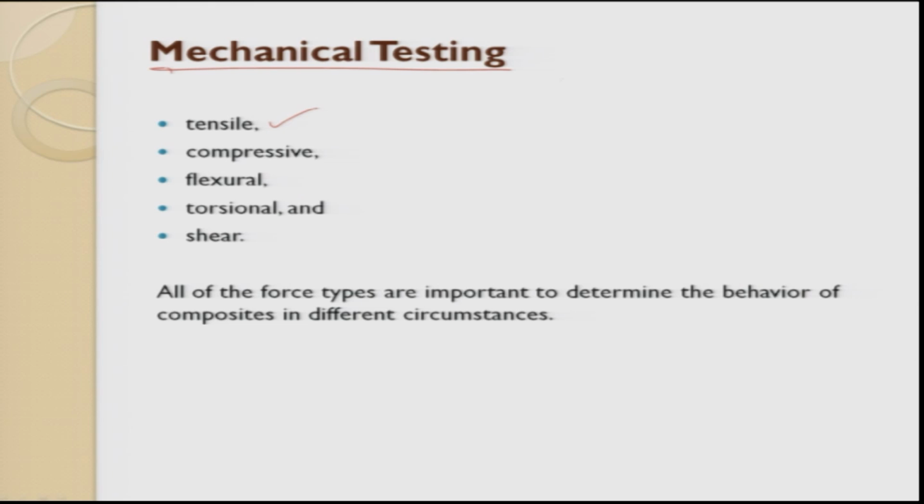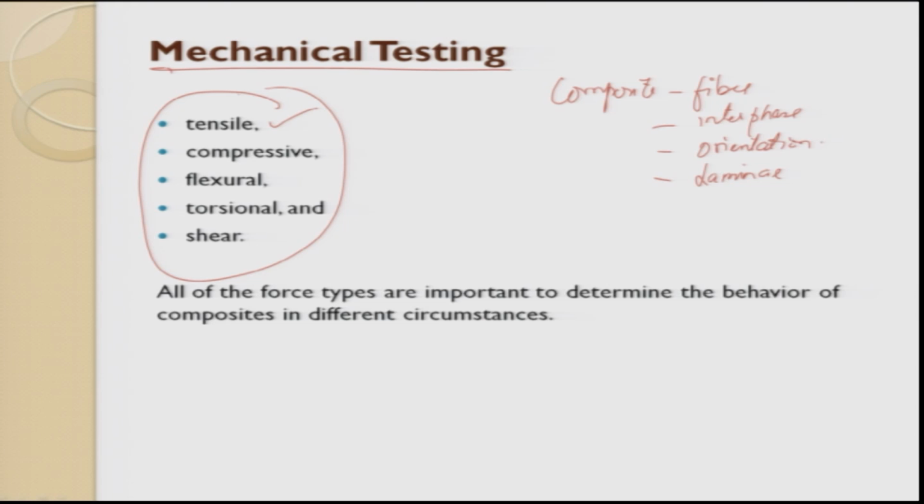But as far as composites are concerned, we have fibers, we have interface, and we have orientation, and then laminae are there. So, these are the variations, so we are supposed to do almost all these tests to talk about the end product.